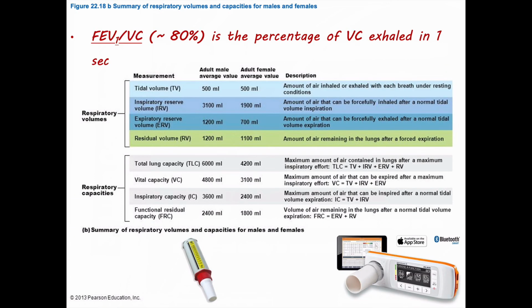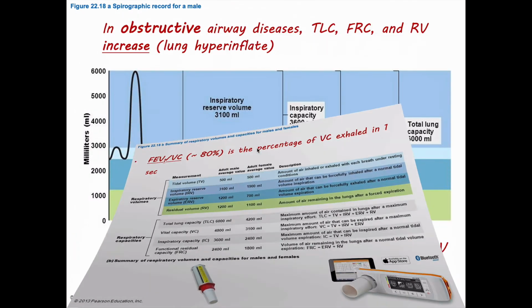Coming to the summary, I have to tell you about these volumes. There is respiratory volume and respiratory capacity. Overall, 6000 ml of gas can be accommodated in the lung tissues.